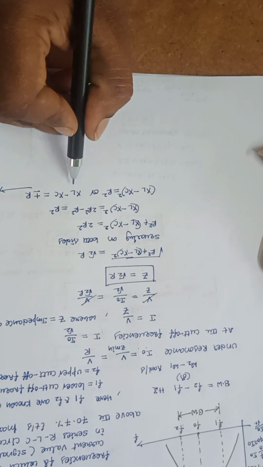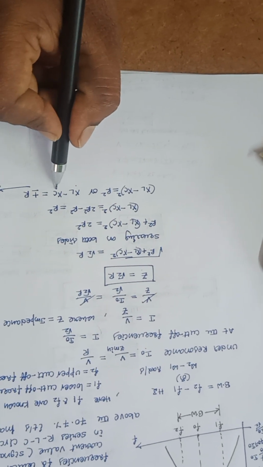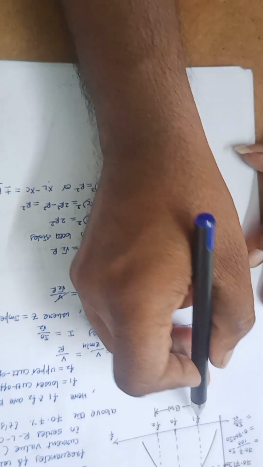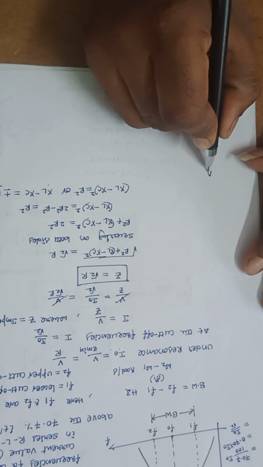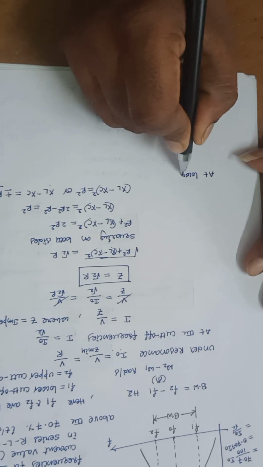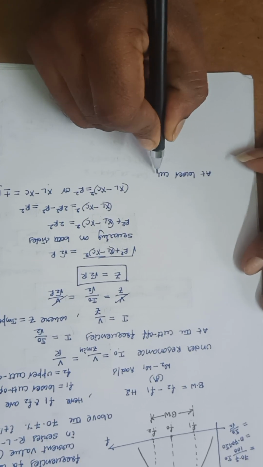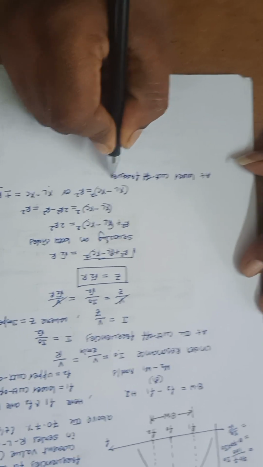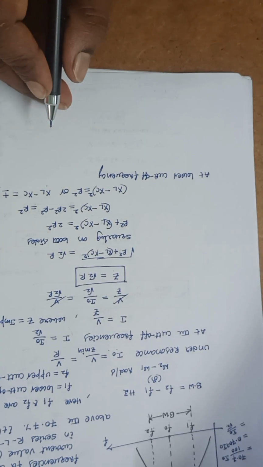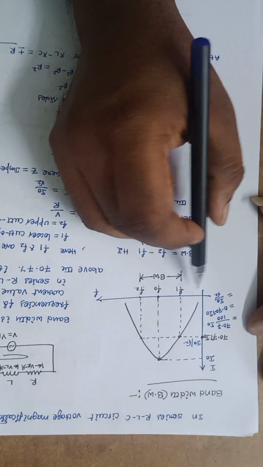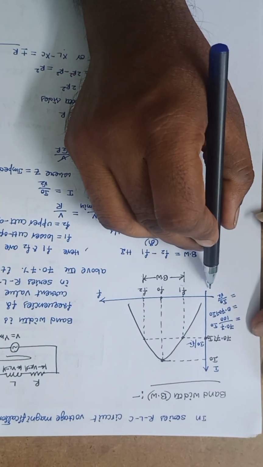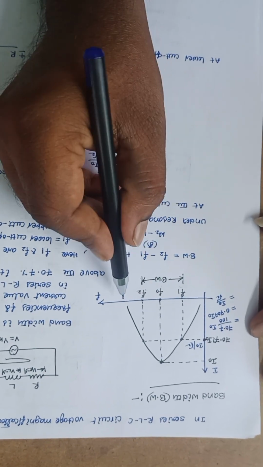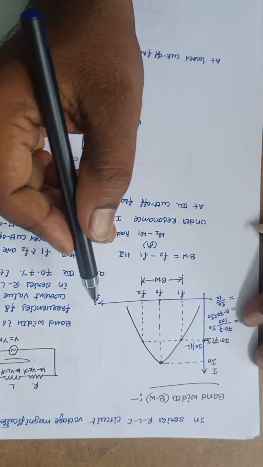Now this XL and XC are defined at the cutoff frequencies. Now at lower cutoff frequency, we already discussed that below the resonance frequency, XC is greater than XL. After the resonance frequency, XC is less than XL.